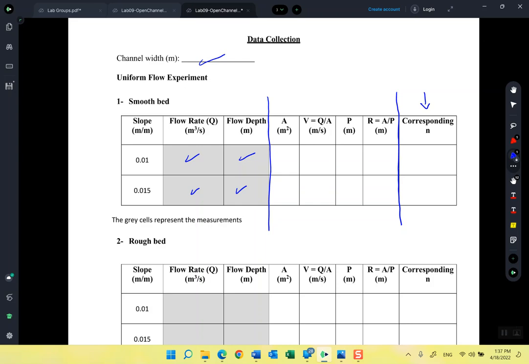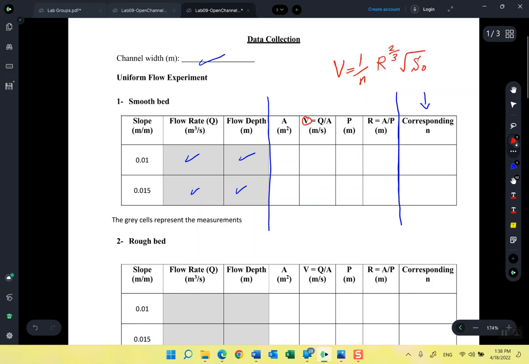To solve this column or to get the calculation of the corresponding n, the corresponding Manning coefficient, here you will have to use Manning equation. How? Manning equation says that the velocity, in this case, is v equals 1 over n R to the power 2/3, I'm sorry, there is no A here, times the square root of S naught.